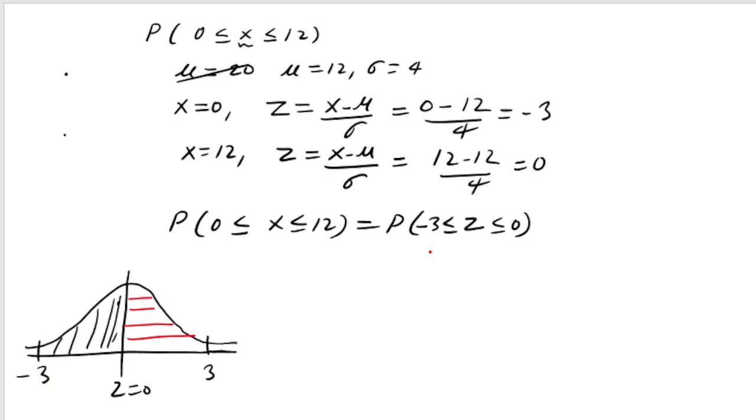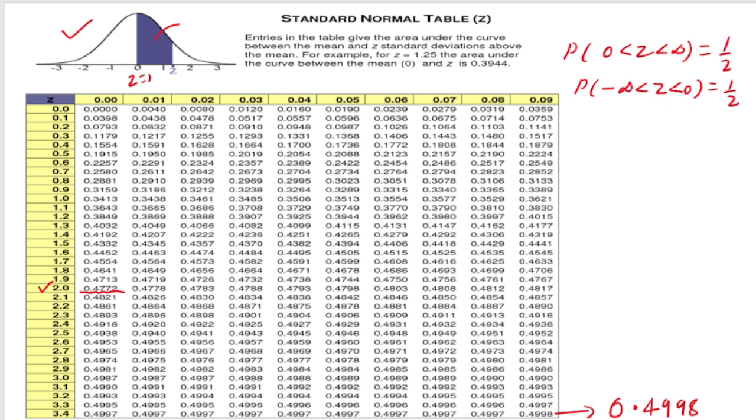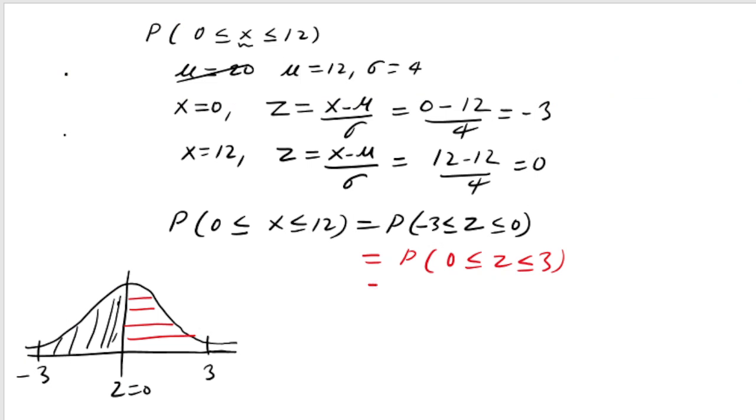So I can write that this is nothing but the area between 0 to 3. Why? Because the curve is symmetrical, and if I use this table here, you can see that up to 3 the area is 0.4987.